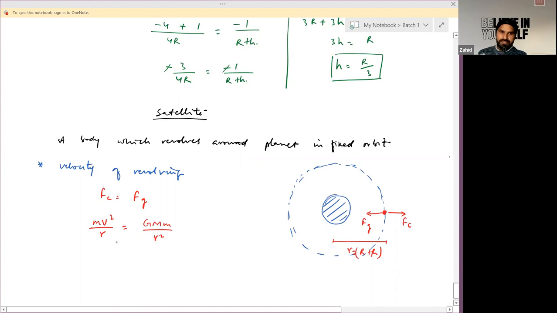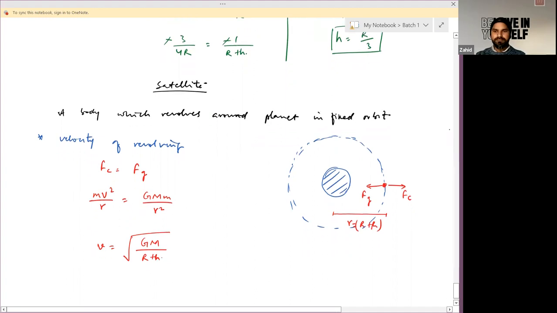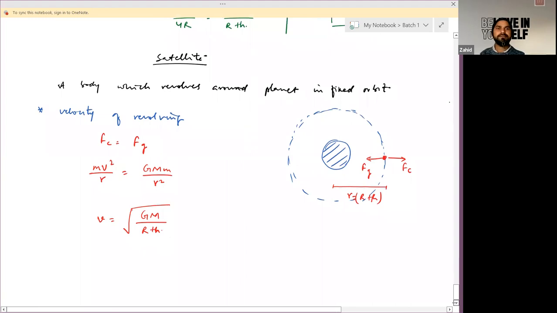So m and m will cancel out, r and r will cancel out. So you'll get v equals root under GM by R plus h. This is the first expression related to the satellite.